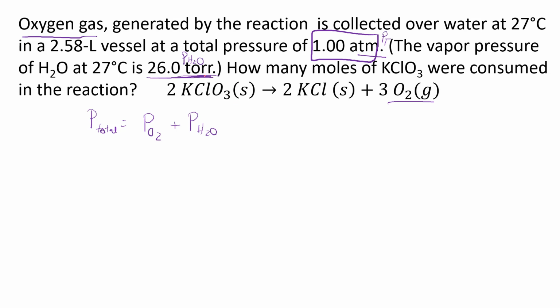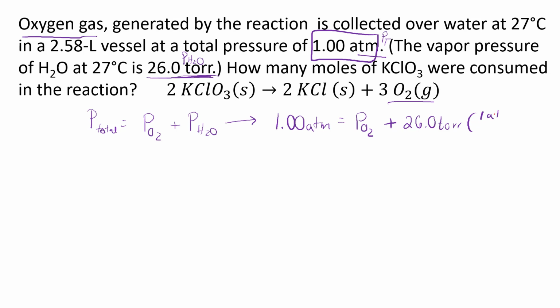But like before, we need to convert torr into atmospheres. So let me do this over here. 1.00 atmospheres equals your pressure of your oxygen plus my pressure of my water, which is 26.0 torr. But that's not good enough. You got to convert it.